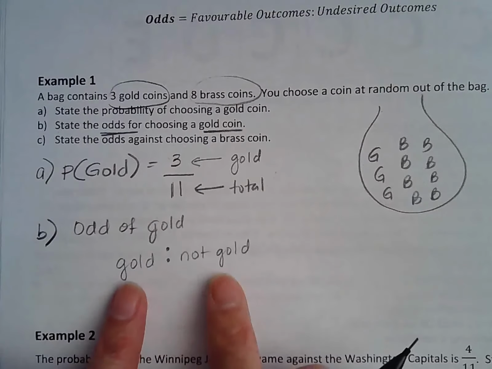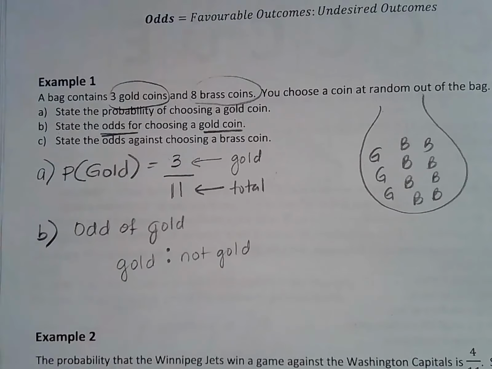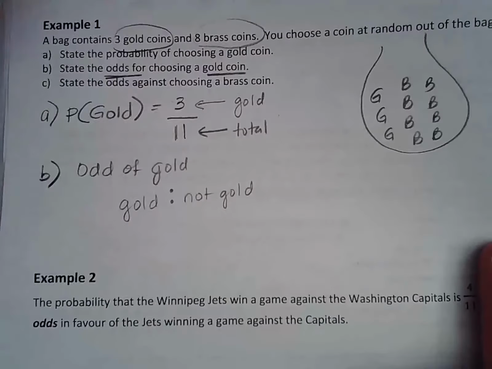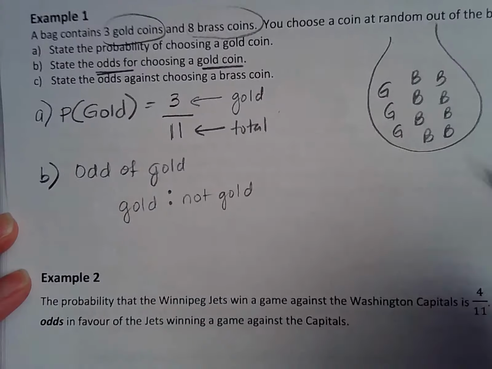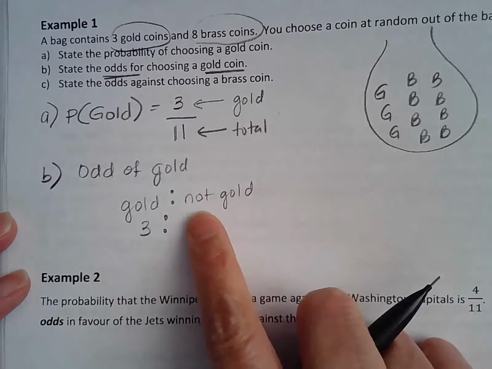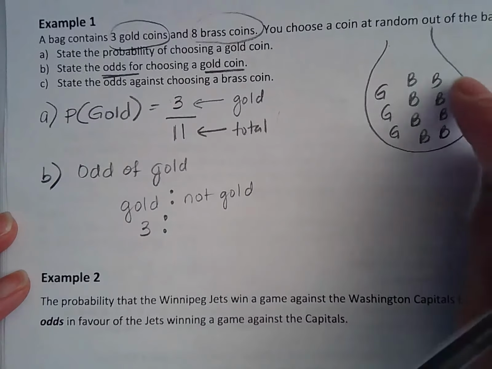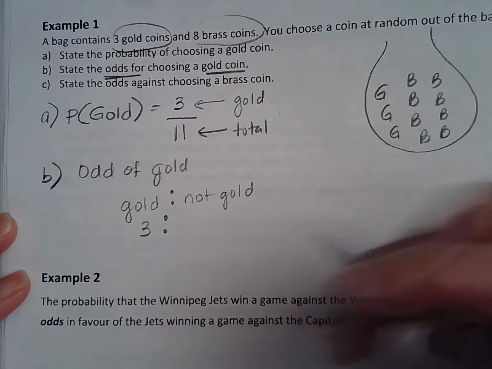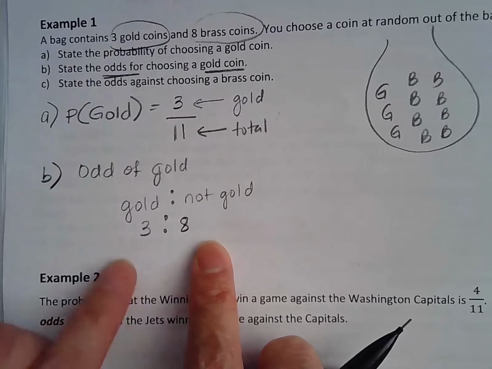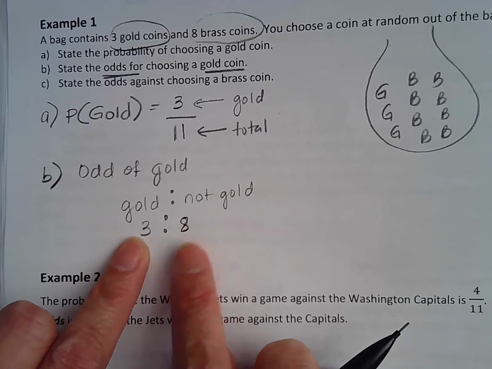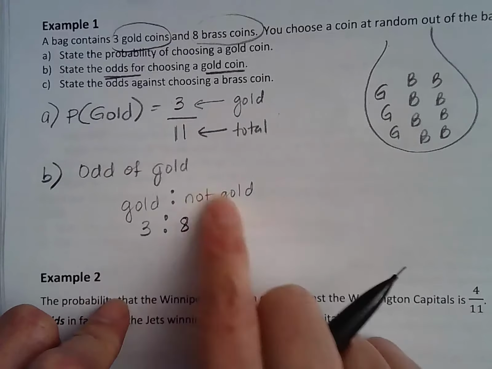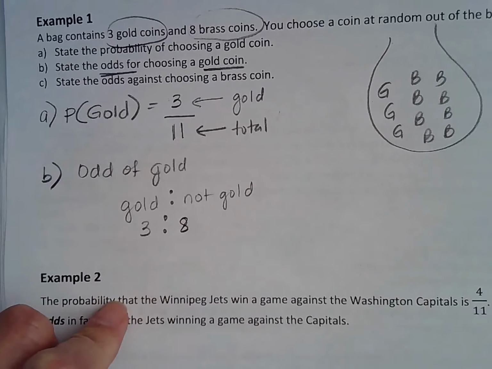And once it's broken up into this, then it's easier to write down the odds. So how many gold do I have? Well, I got 3. 3 is to how many are not gold? Not gold would be the brass, so that would be 8. So 3 is to 8. You'll notice that when you add these two together, that adds up to the whole thing, right? 3 and 8, that is the whole thing.